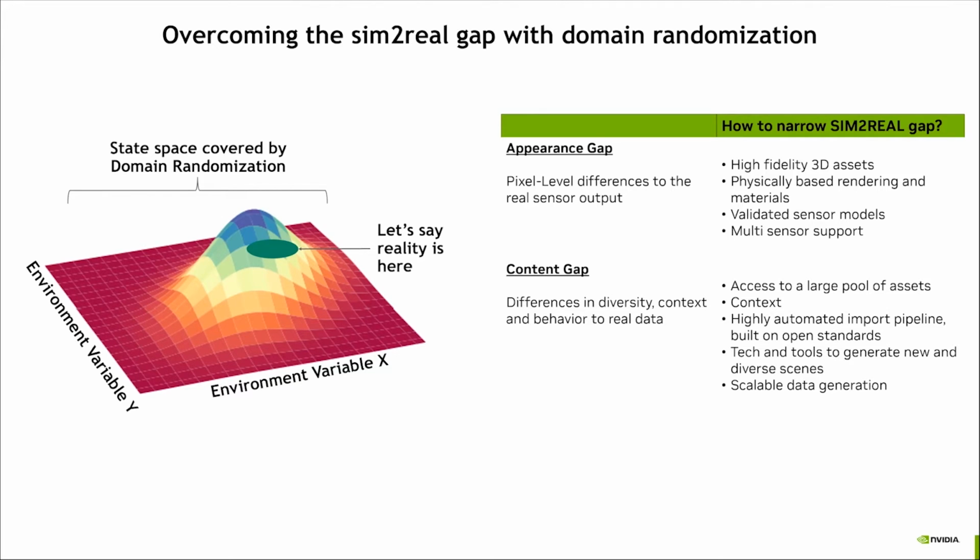And what we do as well is this thing called domain randomization. In domain randomization, we are trying to randomize the synthetic world as much as possible, such that the synthetic domain is large enough to encapsulate the real domain.